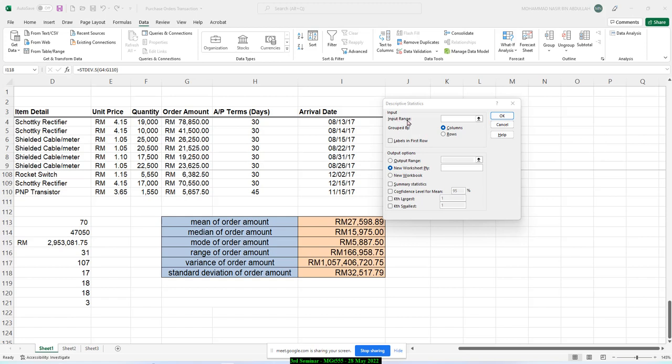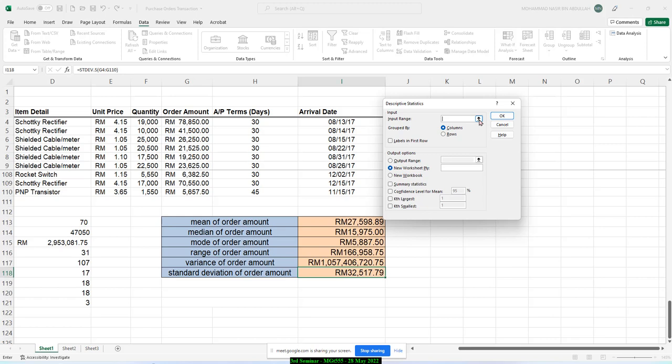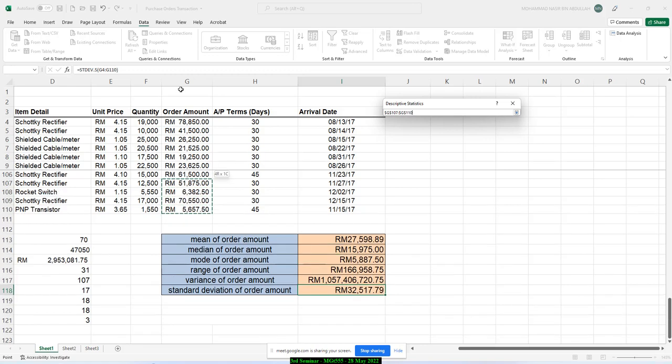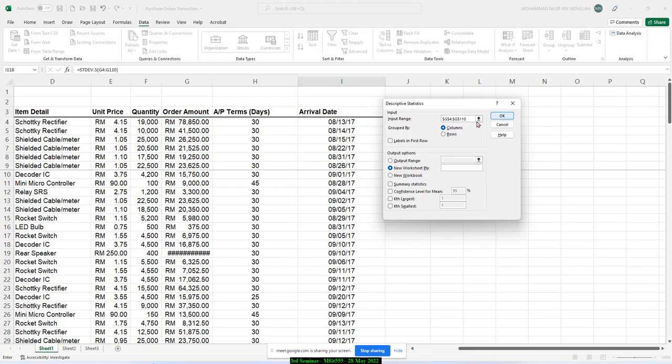So you tekan dekat input range, you tekan kat hujung ni, sekali lagi tekan kat hujung ni, dekat arrow up ni, right? You select from G4 until G110. You select order amount data ni lah, right? And click here balik, right?